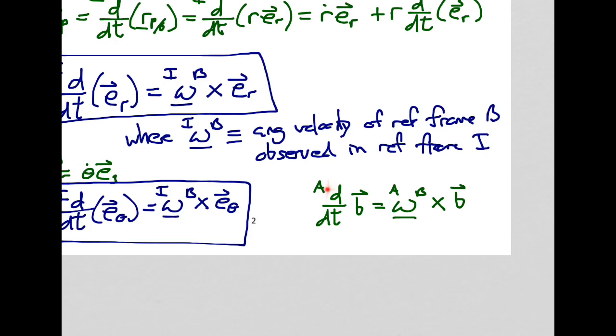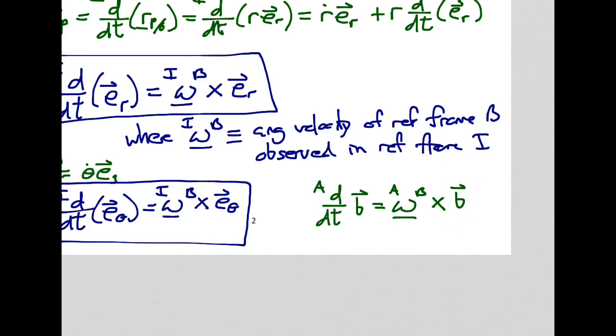The time derivative as observed in reference frame A of a unit vector that's fixed within reference frame B is equal to the angular velocity of reference frame B as observed in reference frame A crossed with the unit vector that's fixed within reference frame B.